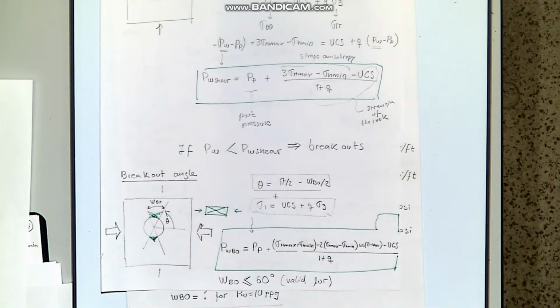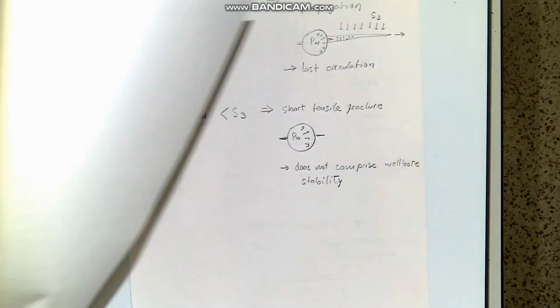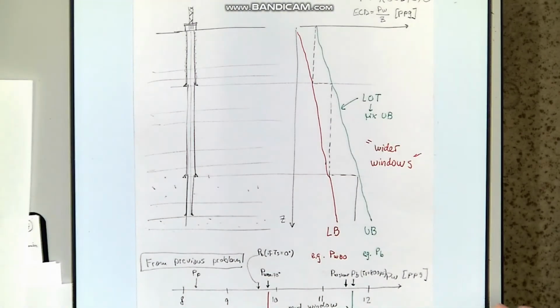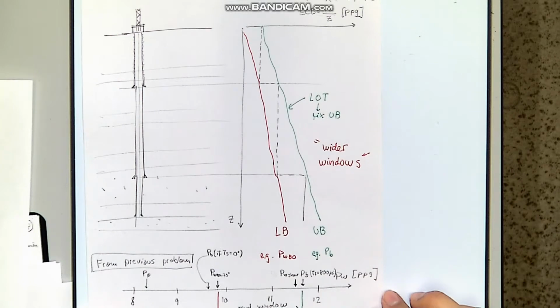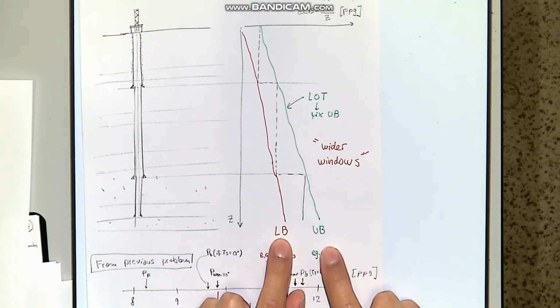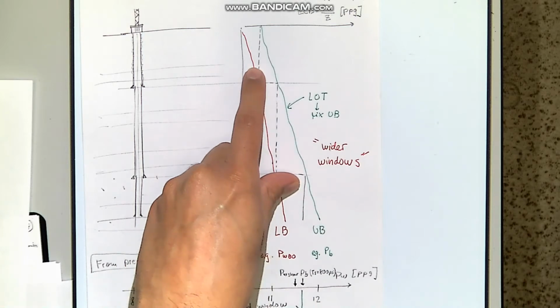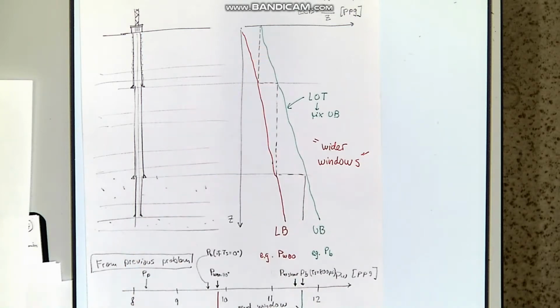Basically those two equations are for shear failure in the wellbore. That will give you your lower bound. You put those two together, and together with some other considerations, you can get to what we have called a mud window, and those will help you define a lower bound and an upper bound for setting the density that you need to drill a wellbore and to design where to put the casing.